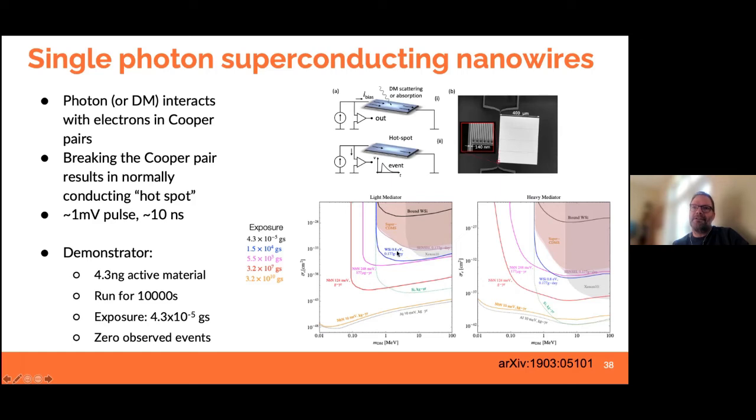They also give some projections, but I think one really needs to be careful with them because the largest projections here, they talk about exposures of gram years or kilogram years, whereas before you have a kilogram of nanowires, I think it will take a long time, from the current demonstrator that has nanograms and has been run not for years, but just for a few days.